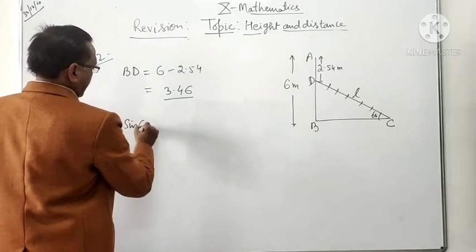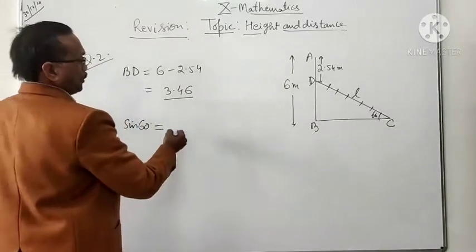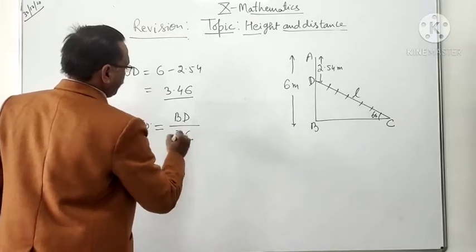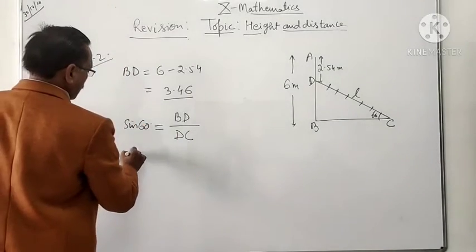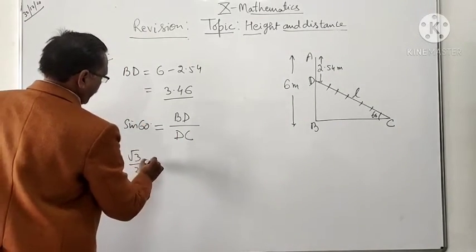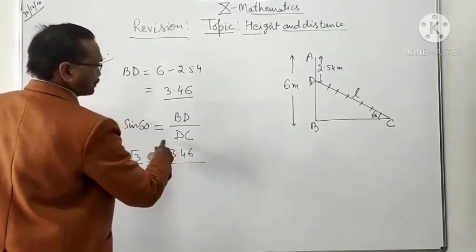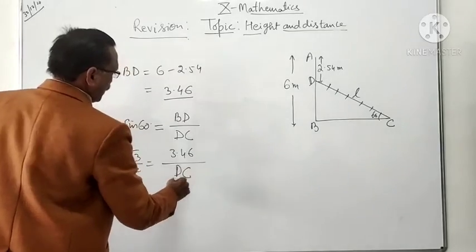Sine 60 degree equal to perpendicular BD upon hypotenuse DC. The value of sine 60 is root 3 by 2. Here BD 3.46. DC you have to find.